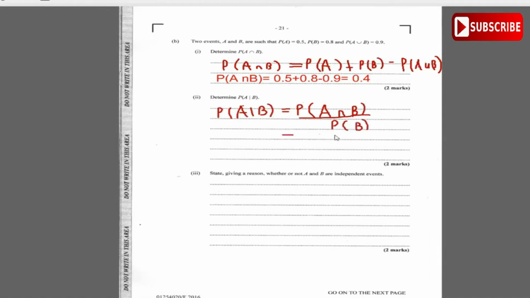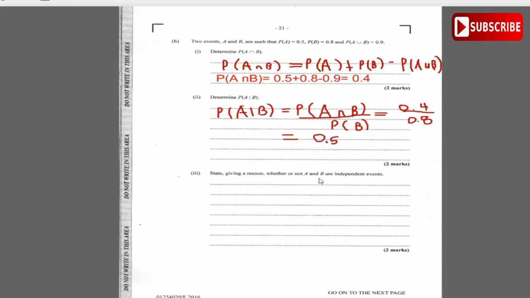So that's equal to the probability of A intersect B, which is 0.4, over the probability of B of 0.8. 0.4 over 0.8 is a half, or 0.5. That's the probability of A given B.